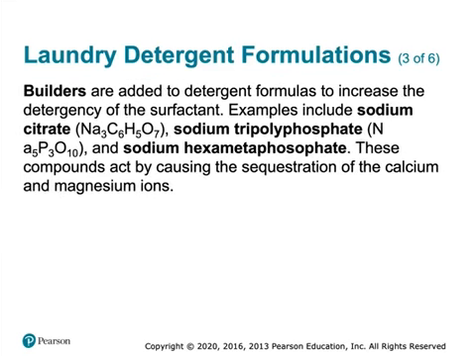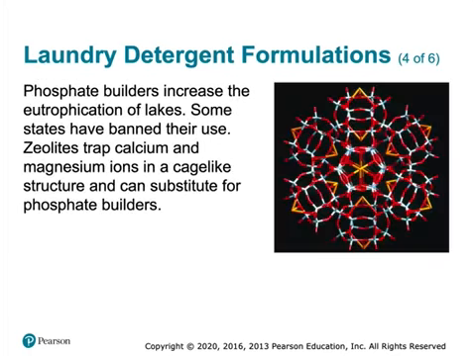All right. So builders increase the detergency of the surfactant. These are like sodium citrate, sodium triphosphate, and sodium hexametaphosphate. These sequester the calcium and magnesium ions. So those are the builders. They make it better.